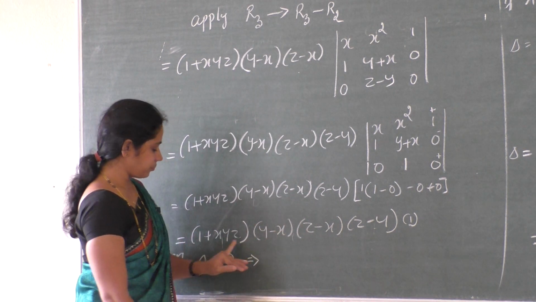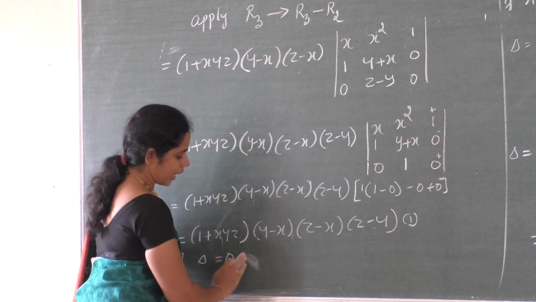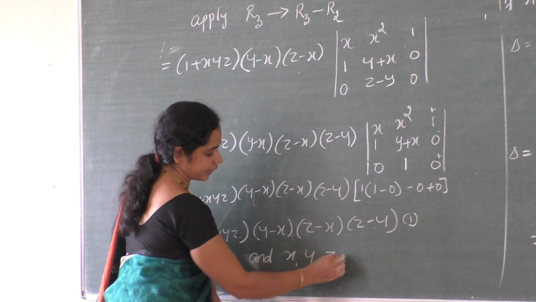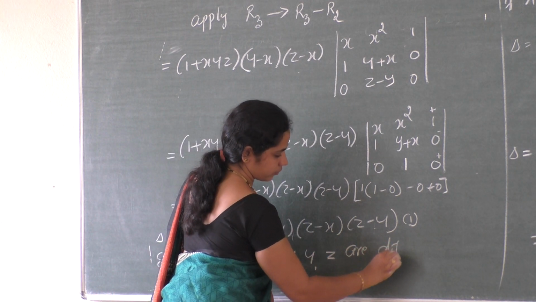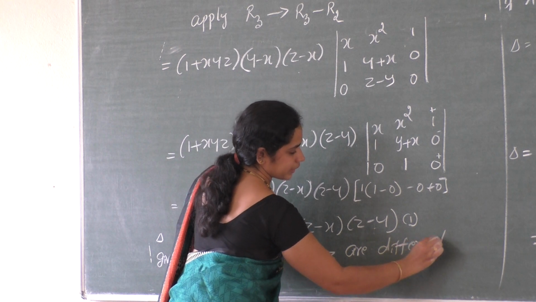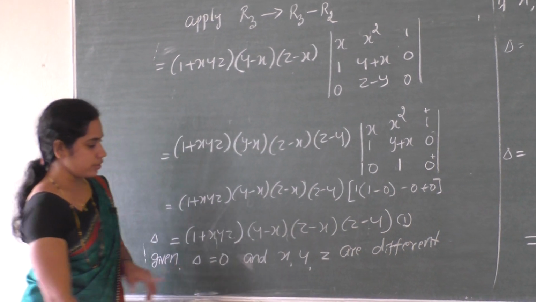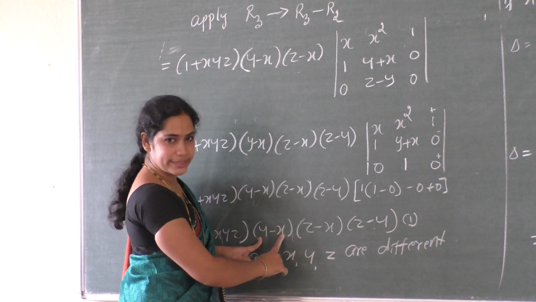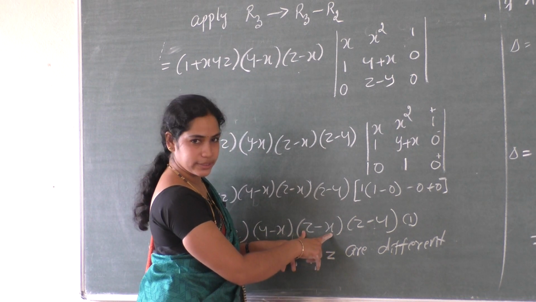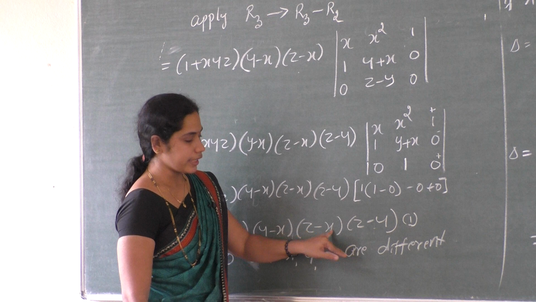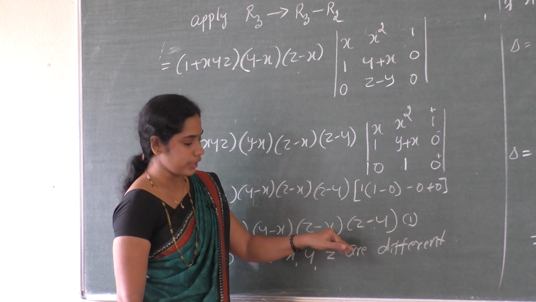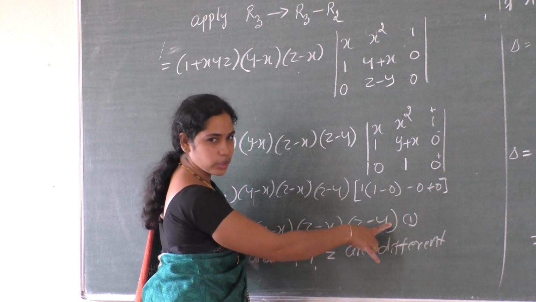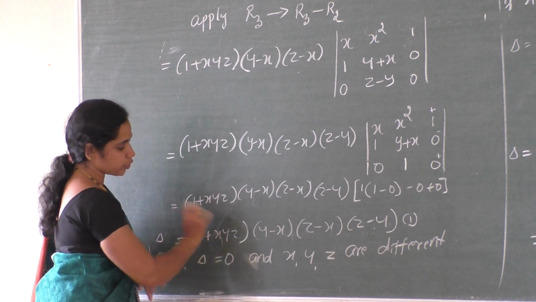But what is given? Given delta is 0 and also given x, y, z are different. Now, since x, y, z are different, y minus x cannot be 0 because they are not same. z minus x also cannot be 0, they are different. z minus y also cannot be 0. If these three values are not 0, this value should be 0.